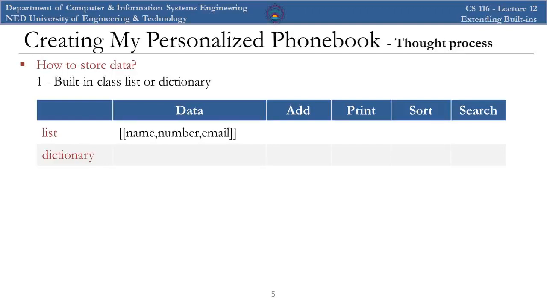If I'm using name, it will create problems because names can be duplicated, and emails can be duplicated too. I'm not sure about that, but I'm sure that numbers are unique, right? So if I store this data in a dictionary, this is the way I can store it. Number is set in the key field, and the remaining two attributes, name and email, I'm setting in a list, and then putting it in the value part, right? Now I can add as many entries as I want of this key-value type.